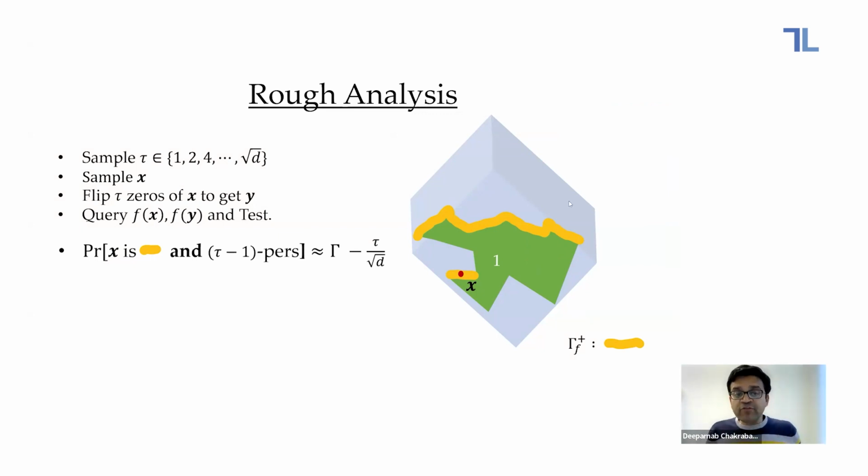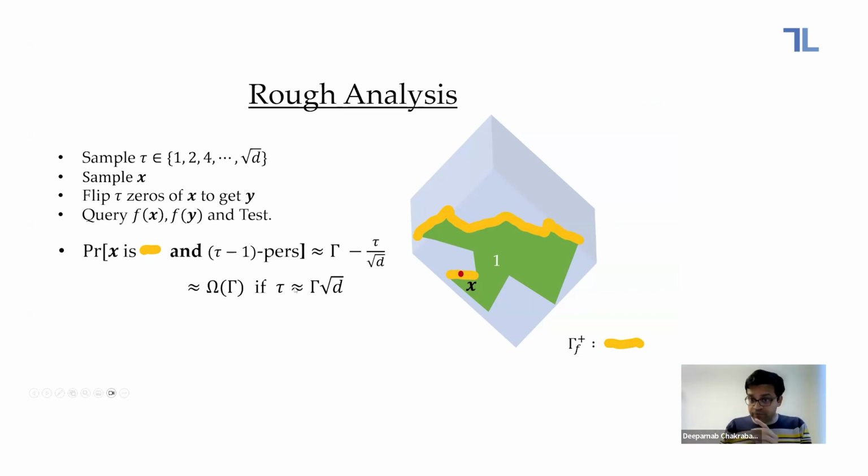Well, the number of vertices that are not persistent is roughly L by root D. L is tau here, or tau minus 1 here. So it's roughly tau by root D. So if I remove them away from my yellow zone, then the possibility that both of these things happen is roughly gamma minus tau by root D. And so if tau is roughly gamma times root D, this is omega gamma.